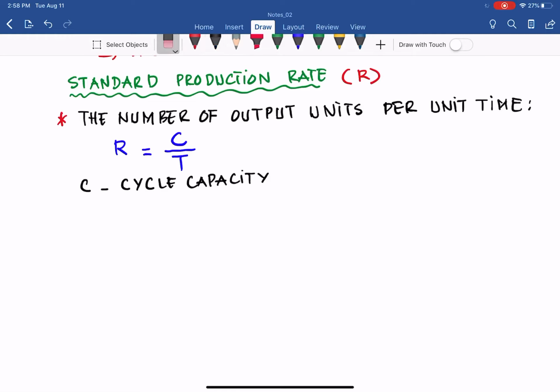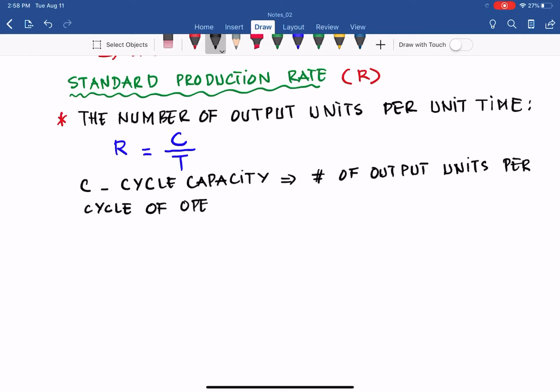So that is the definition: the number of output units per cycle of operation, and standard work condition.